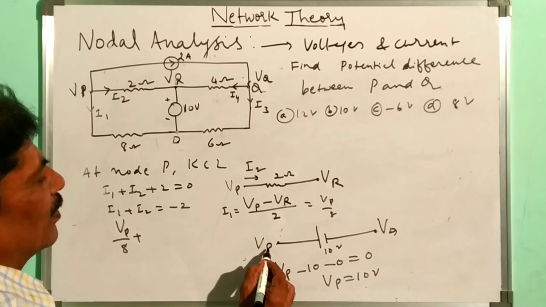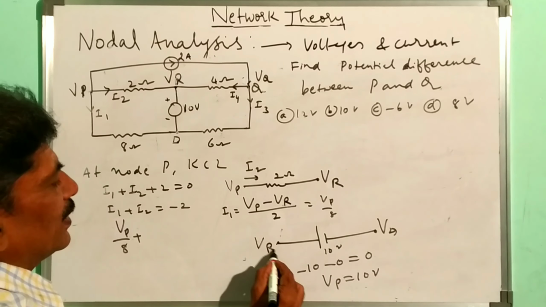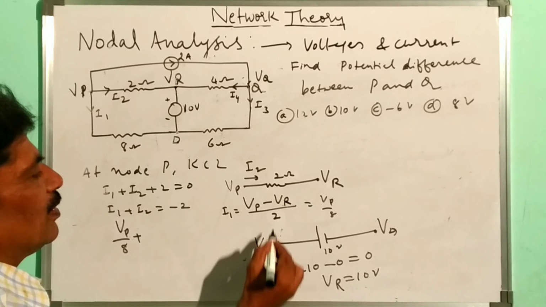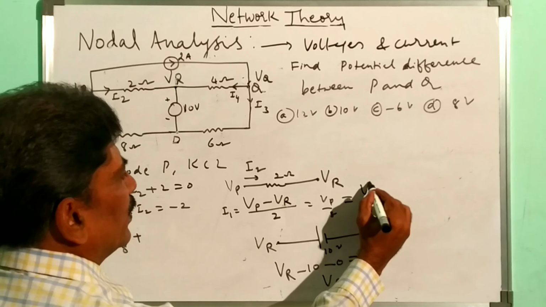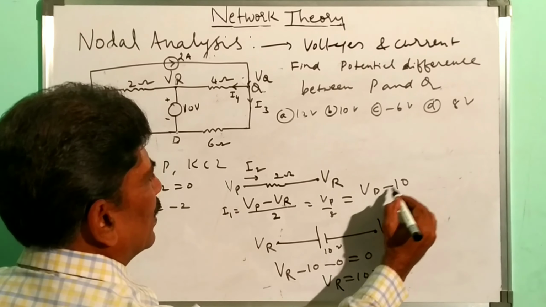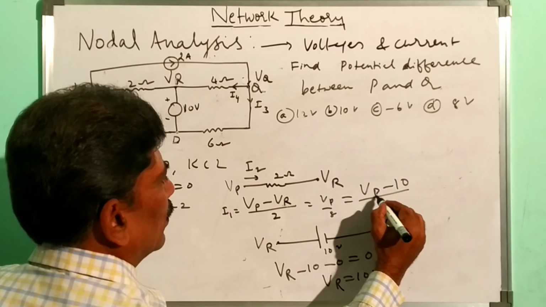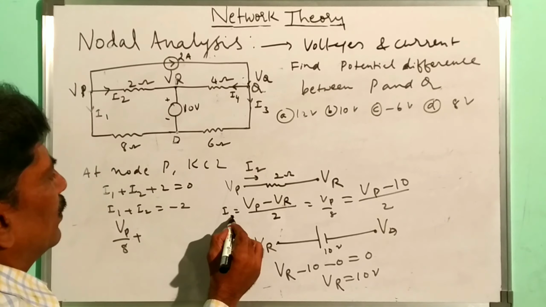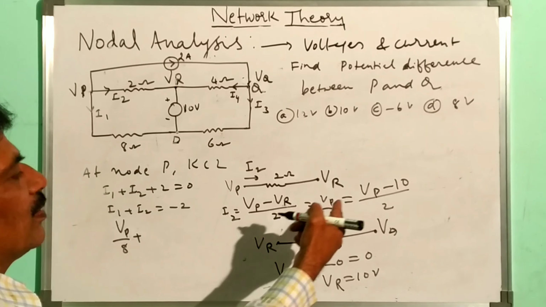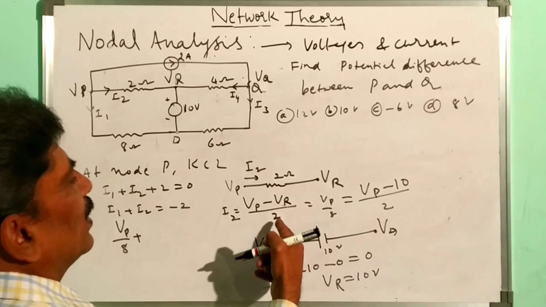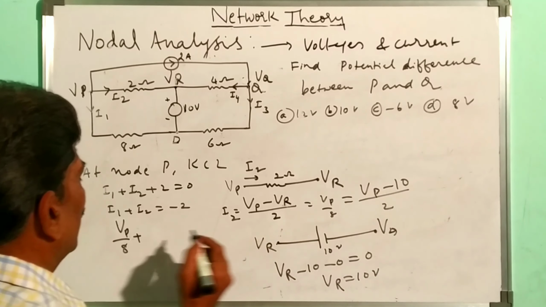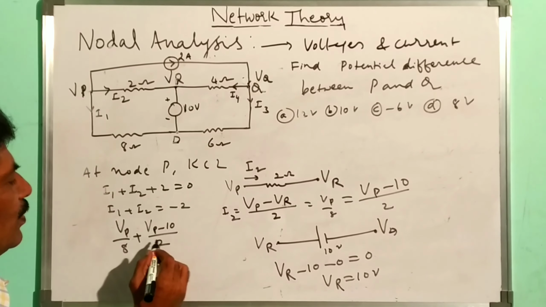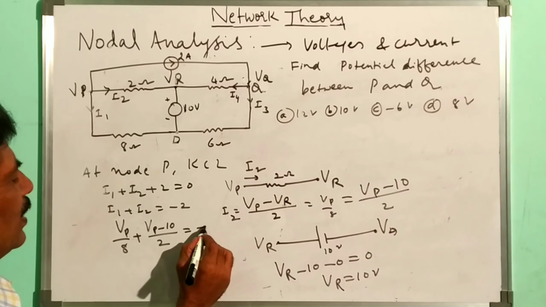VR minus VD. VR minus 10 is equal to 0, so VR is equal to 10 volts. You can write here now. So I2 is VP minus 10 by 2. VP by 8 plus VP minus 10 by 2 is equal to minus 2.